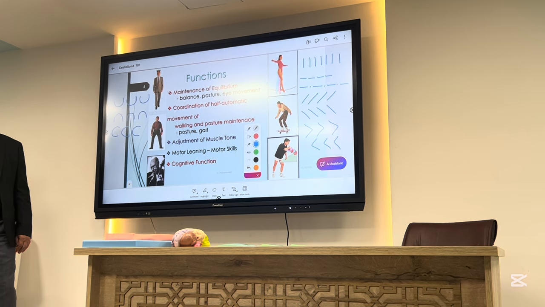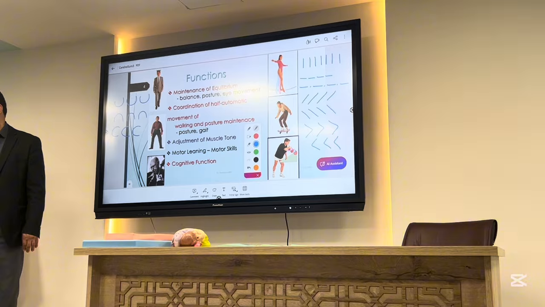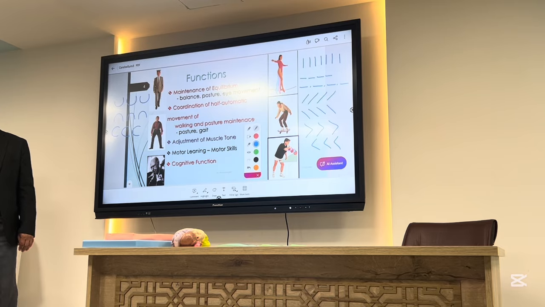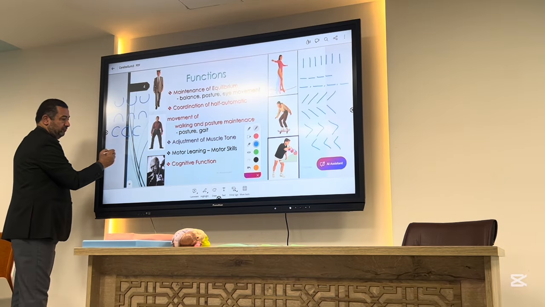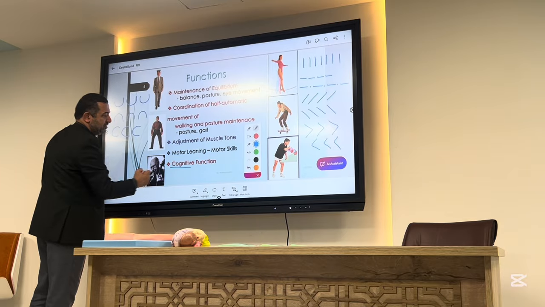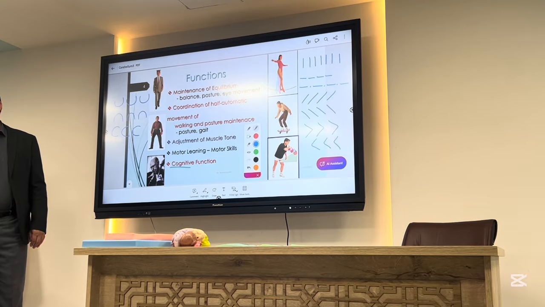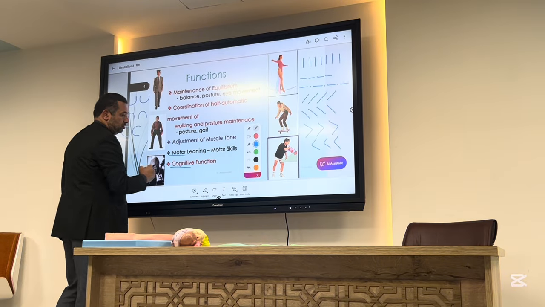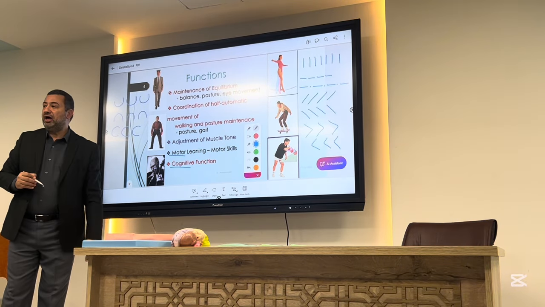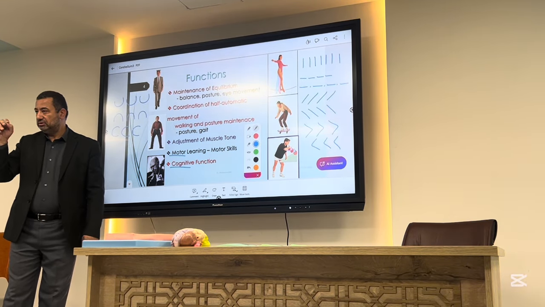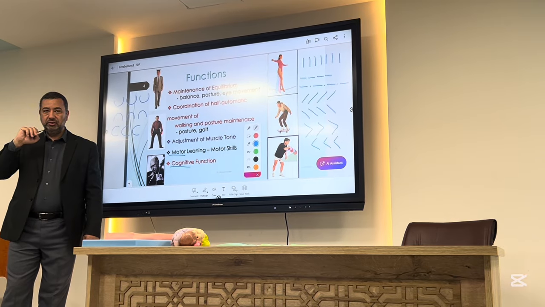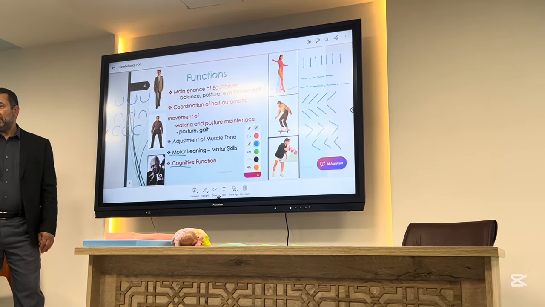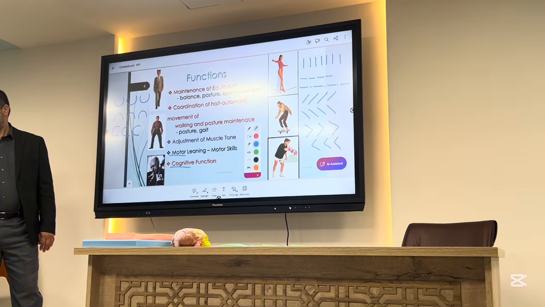Why did your teacher tell you to write this? When you are writing, for example, cognitive, or motor, there are many curved lines, such as O, R, U, N, C. These are curved lines.